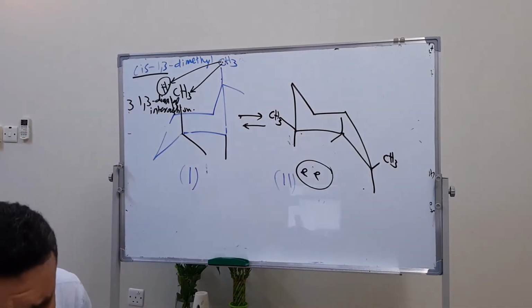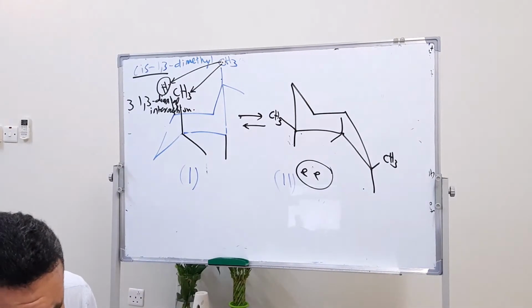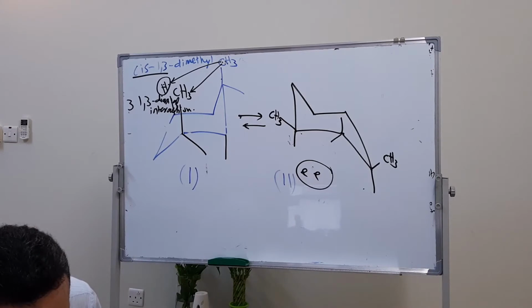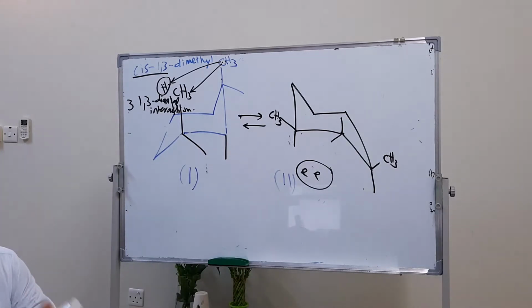The diaxial conformation of this is approximately, because of this question, the diaxial cis 1,3 is approximately 23 kilojoule. As you can see from the previous question, 4.47, it gives you how much energy it will cost if you have a 1,3 diaxial interaction.